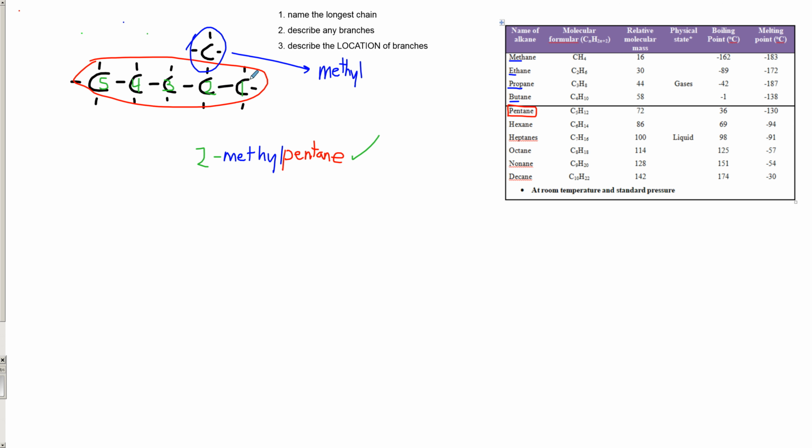Another thing that teachers may do on a quiz or on a worksheet, when we go to drawing these, is give you a name that's intelligible. In other words, give you the name of a chemical that makes sense.